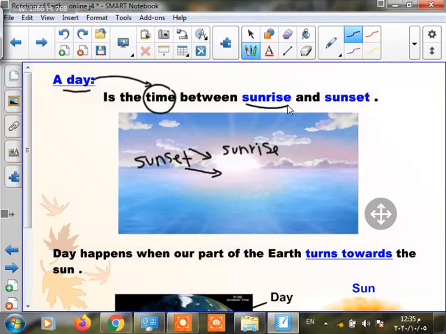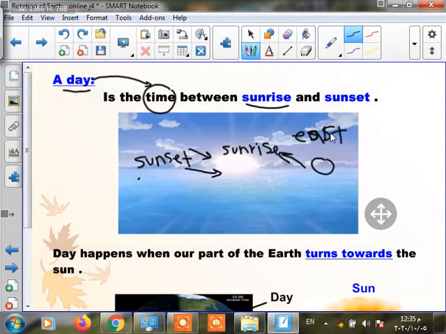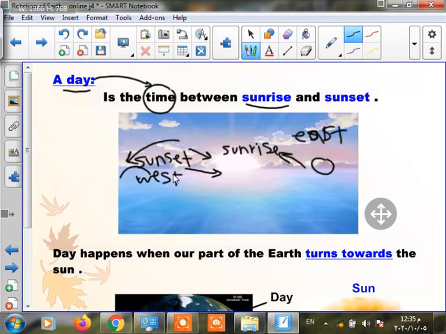So the time between sunrise, when the sun comes from the east, and the time till the sun goes to the west, the time of sunset, this will be day time.